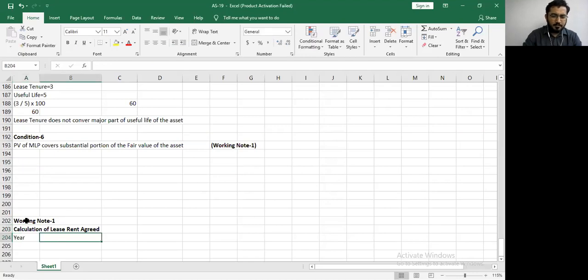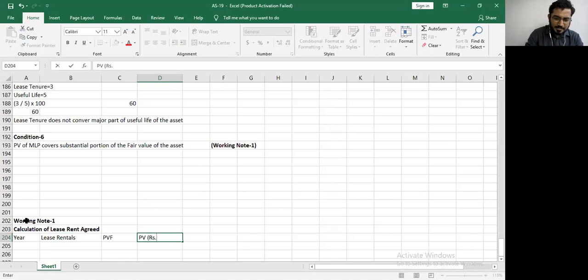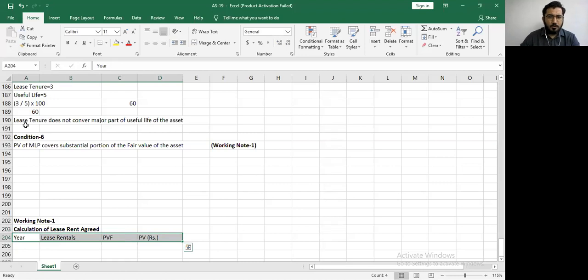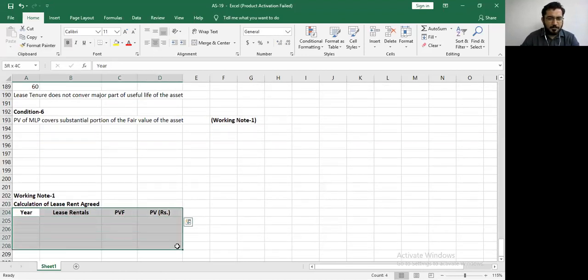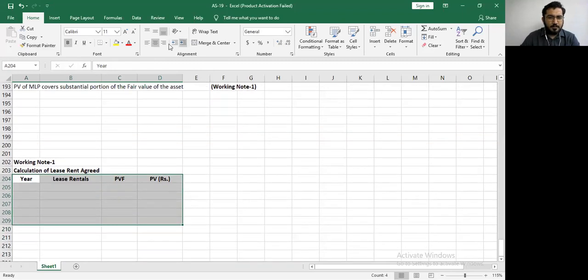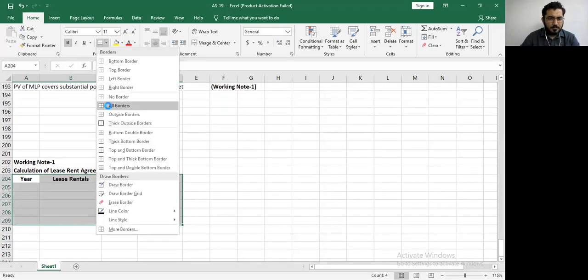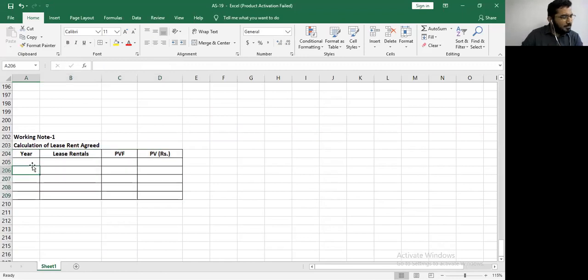You have here lease rentals, present value factor, present value which should be in rupees. Okay, all your attention on the question and the manner in which I am solving it. How many years are there in the question? 3 years. So 1 to 3 years. I do not know the lease rental, so I am leaving that blank.